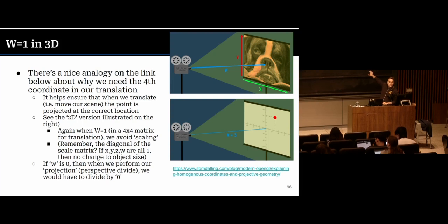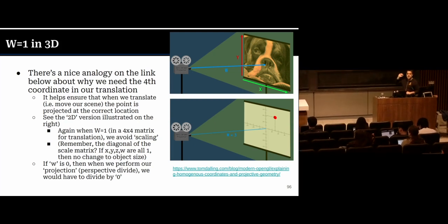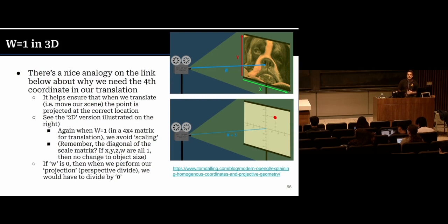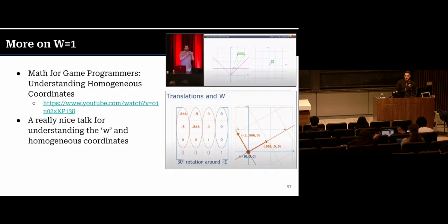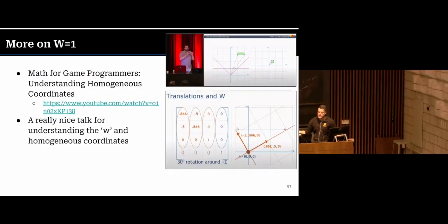How W works with points and vectors to sort of preserve this property. So if we're talking about a point that could converge over space, or are we just talking about a vector that's something that has a magnitude and direction? Okay. So if you want to hold on to one thing, for folks on what is W, this is a really good talk. This is at the Game Developers Conference.